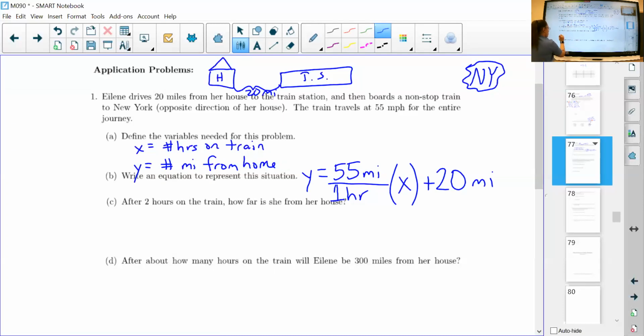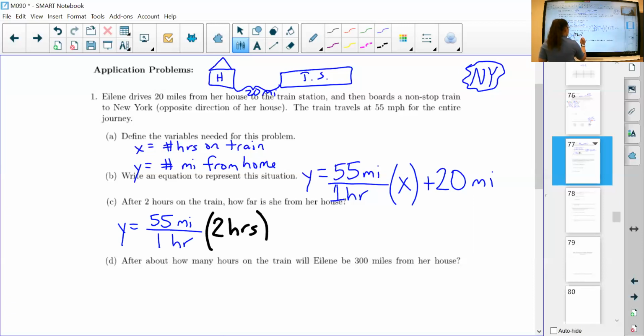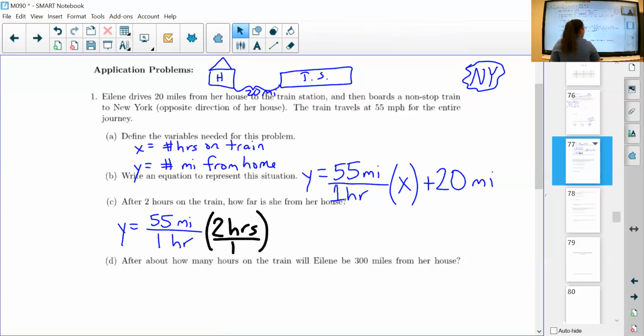Let's plug it in. Y equals 55 miles over 1 hour times 2 hours. I'll put it over 1 so that it's a fraction. I can always do that. No units needed on the bottom. Plus 20 miles. Okay, I'm going to multiply. Hours and hours cancel out.